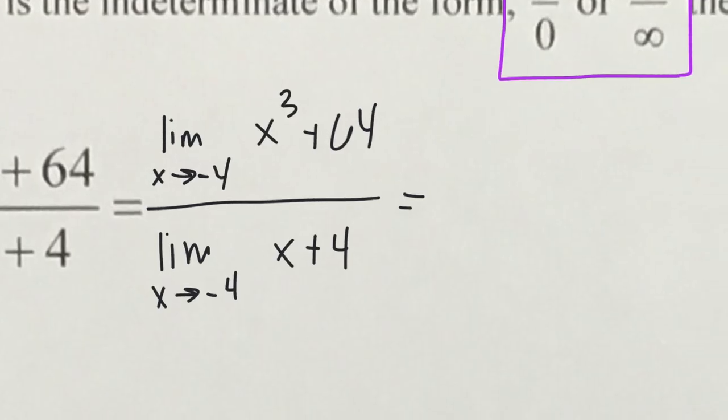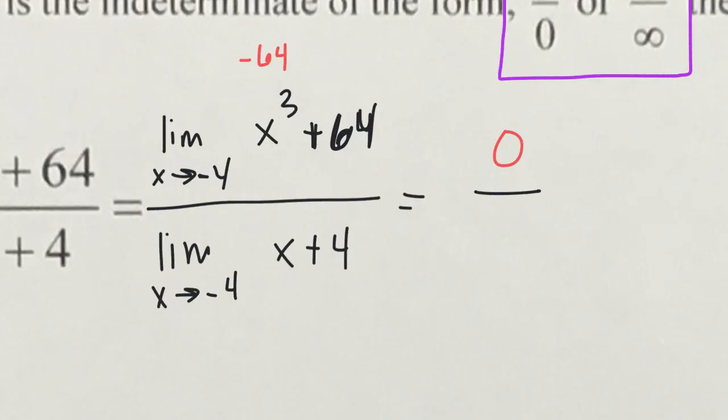So we do this by direct substitution. What happens when I plug negative 4 into x? Negative 4 cubed is? Good. Negative 64. Negative 64 plus 64 is 0.